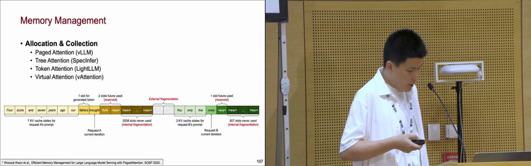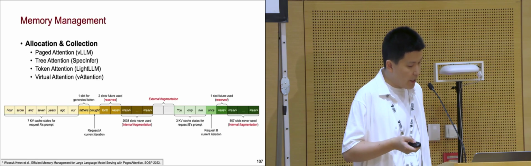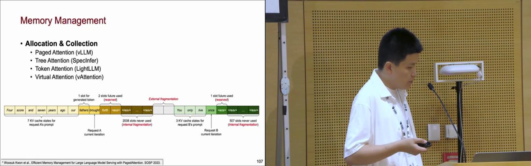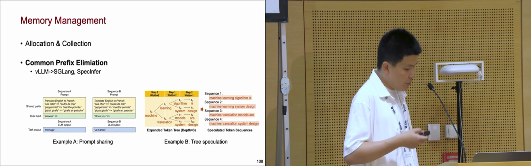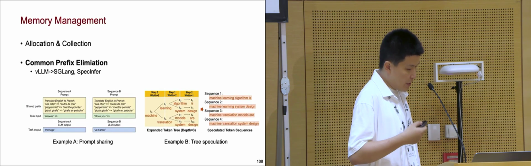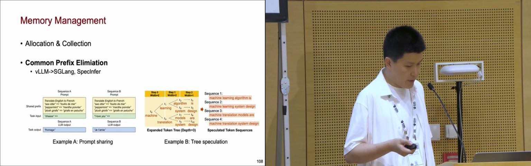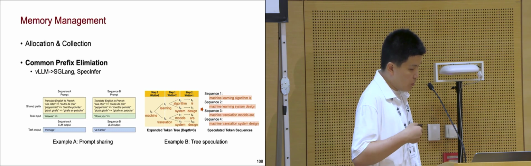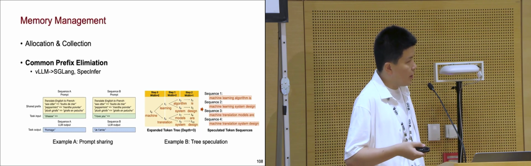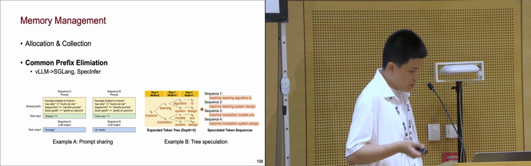And another work here is called LightLLM. It targets the issue of PagedAttention by using a finer granularity, called a token-level memory management mechanism, to further reduce the memory wastage.